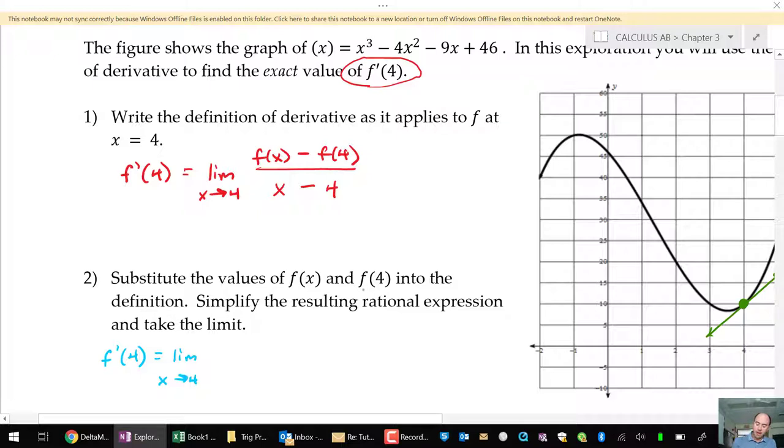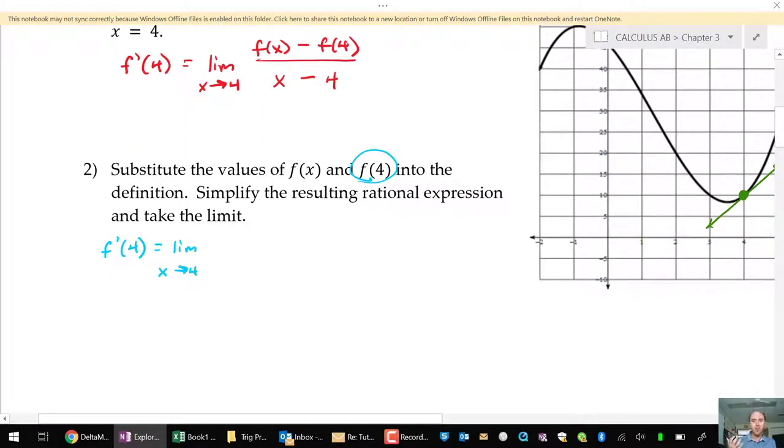I'm also going to evaluate f of 4 and simplify. So my entire numerator after those substitutions, skipping a couple steps here, will be x cubed minus 4x squared minus 9x plus 36. And that 36 came from me just simplifying and combining my terms with f of 4. All that is divided by x minus 4.